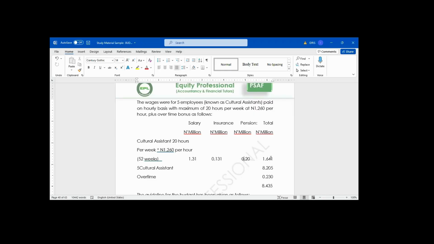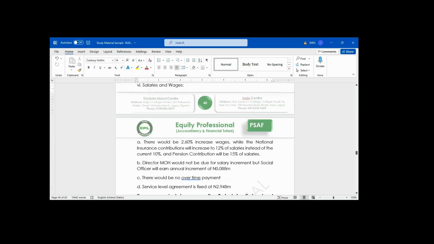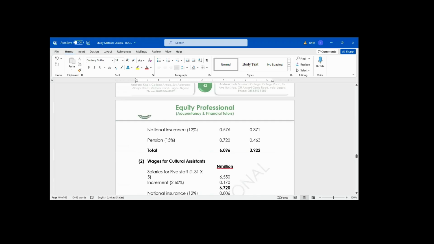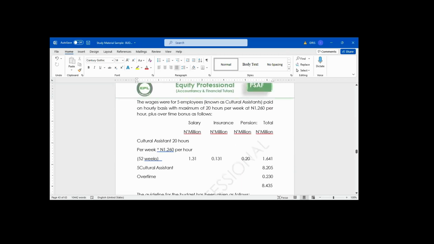Now, we are going to do the same thing. First, this 1.31 is going to increase. Insurance too will increase. Pension too will increase. Under the wages, this salary 1.31, it was increased by how many percent? Look at my solution. This 1.31 is for one staff.